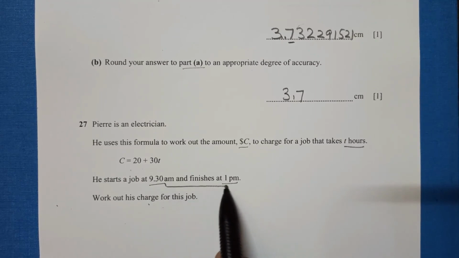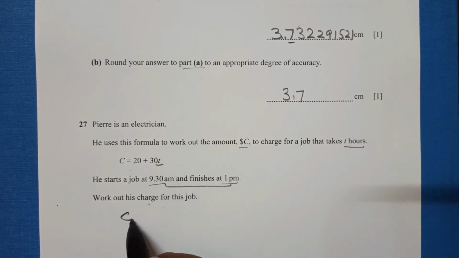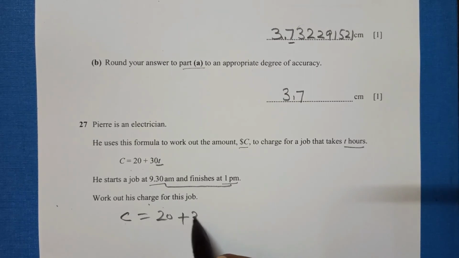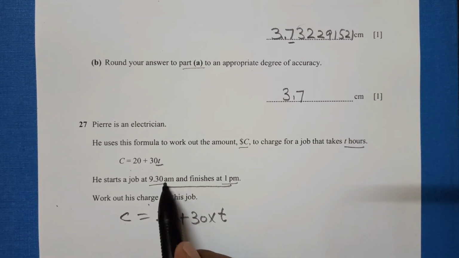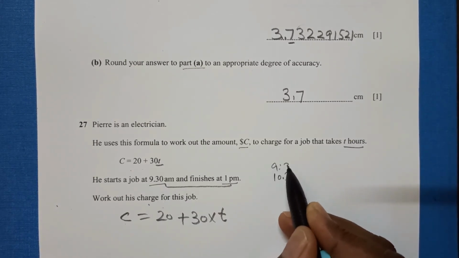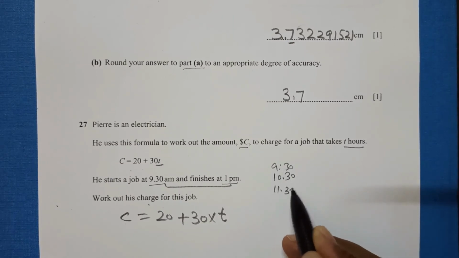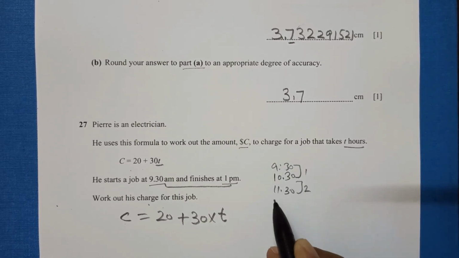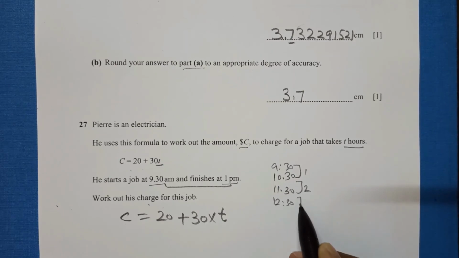So we need to know the time, as time is required here. C is 20 plus 30 times T. So T, when you calculate from here, 9:30 to 10:30 is 1 hour. Then 11:30, this is 2, and 12:30, this is 3, and up to 1 is a half.